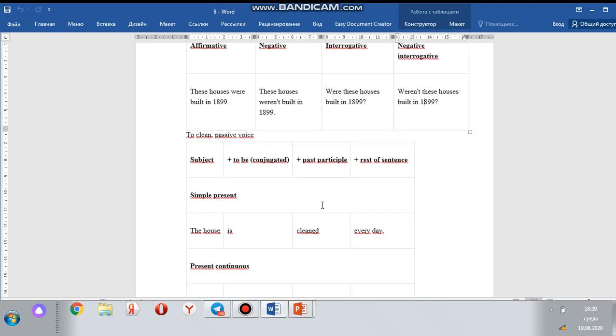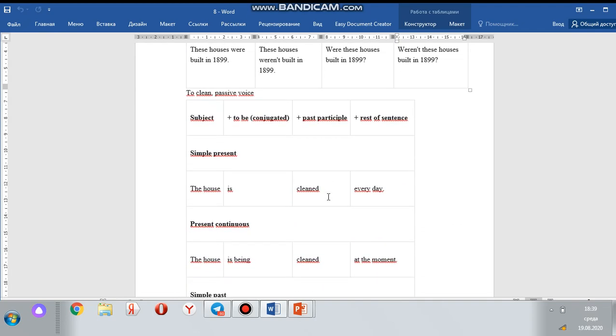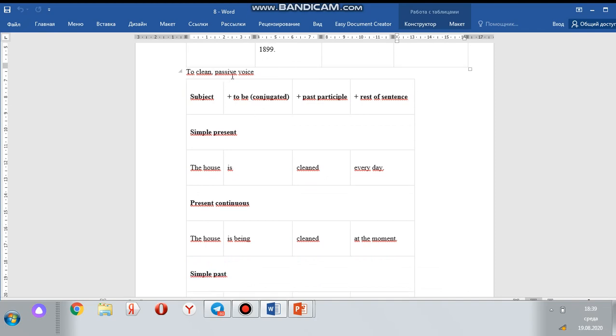Then comes another table which shows us the verb to clean in passive voice. For example, the house is cleaned every day. Let us translate this sentence. Значит, дом убирается каждый день.